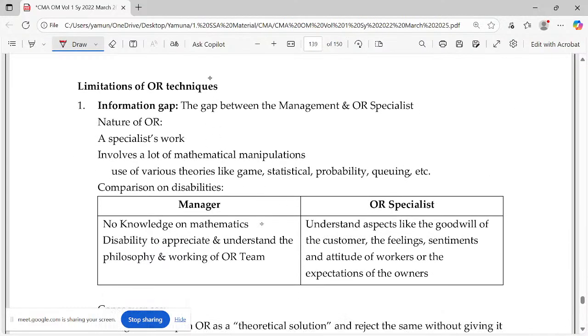Okay, limitations. Sometimes there'll be an information gap. This always happens, right? Not only in OR, wherever you talk, there'll be a gap between the management and that specific specialist. So how that specialist works and how this gap has to be managed is a big task here. There may be many mathematical manipulations involved, so we take the help of game theory, statistical analysis, probability, queuing theory.